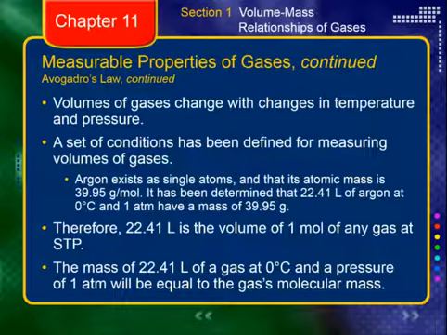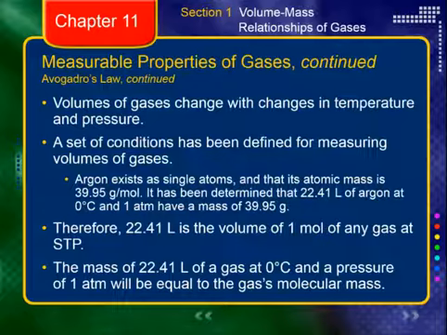So argon was chosen. One mole of argon has a mass of 39.95 grams. And when they measured out 39.95 grams of argon, it just so happens that that amount of argon inhabited 22.41 liters of space.